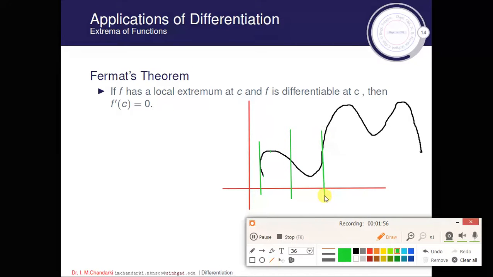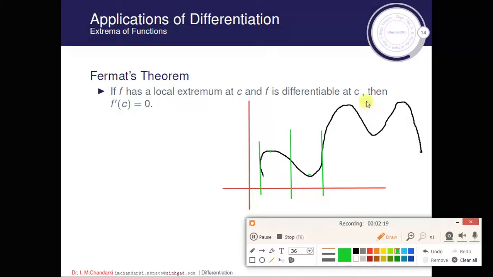In this interval, from the second green line to the third green line, it is having a minima and a maxima geometrically. This is the maxima and this is the minima. So it is called local maxima and local minima. Likewise, I can have n number of intervals here, so we will be recognizing what is local maxima and local minima.